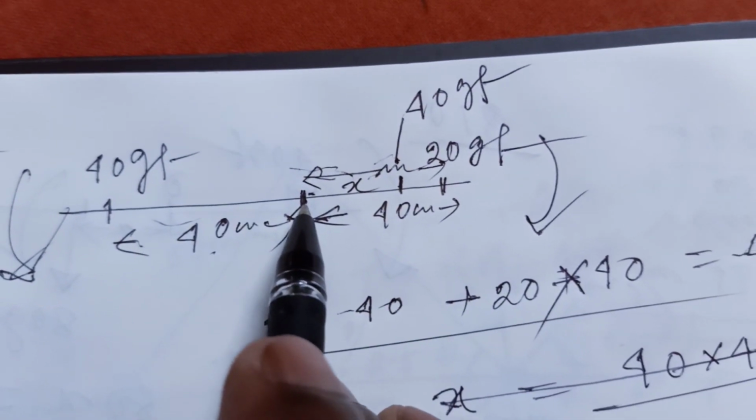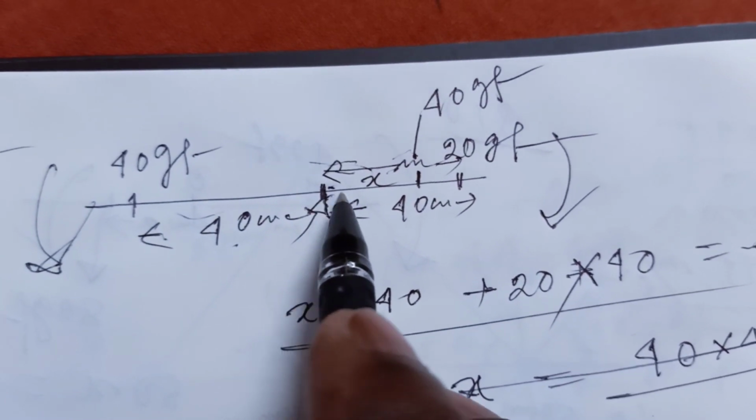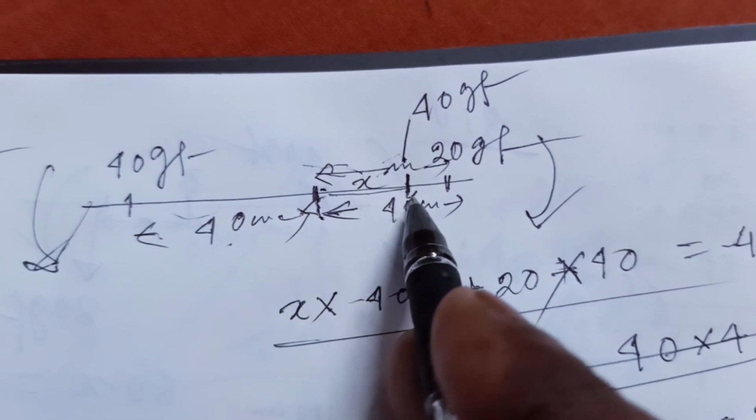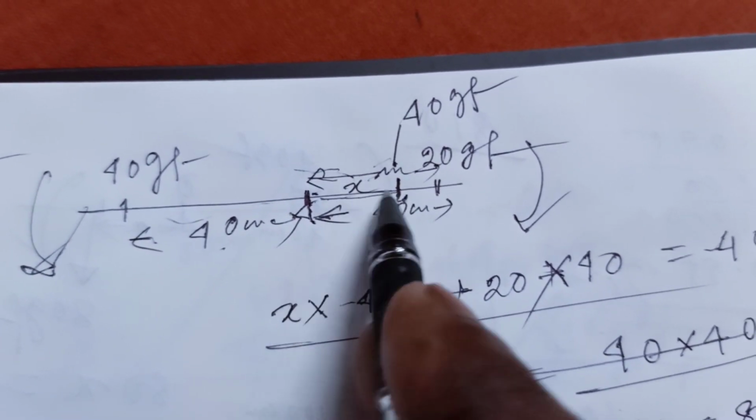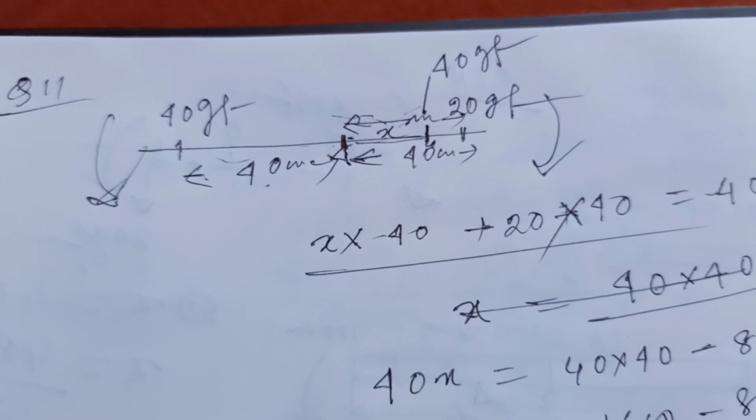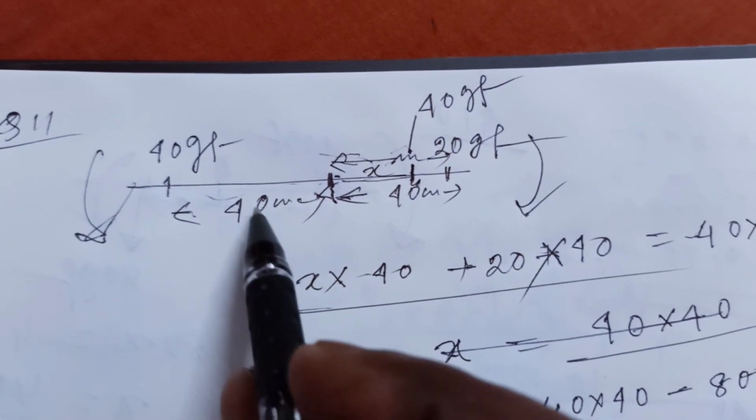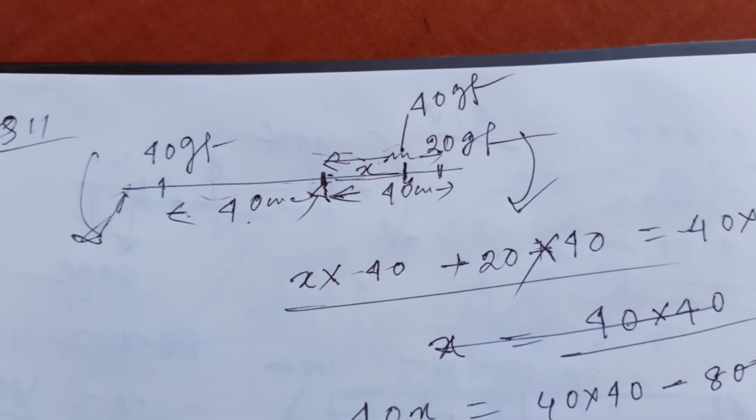Where this is the fulcrum, at 50 centimeter. So at that position, 20 plus 50, that is 70 centimeter from the zero position.